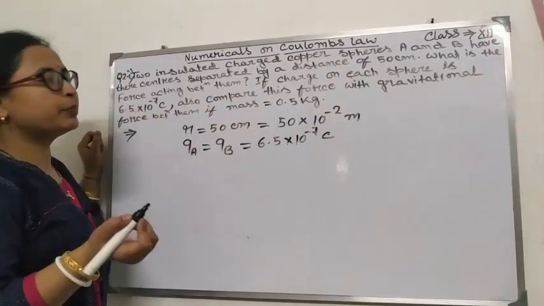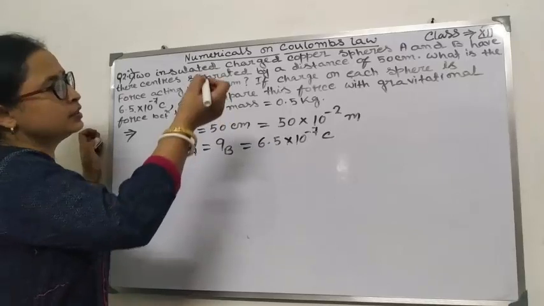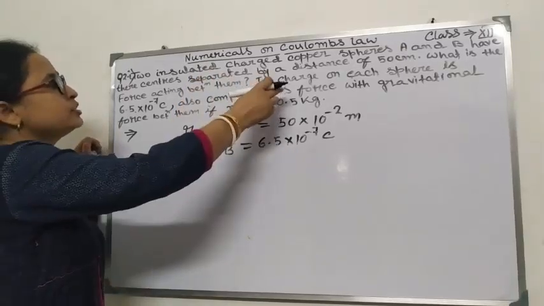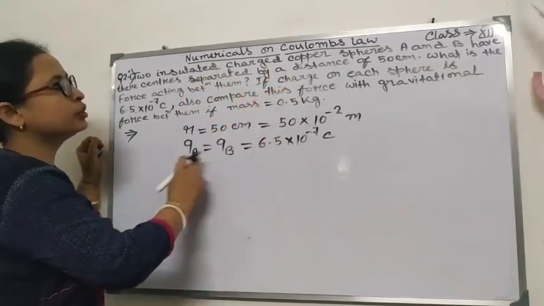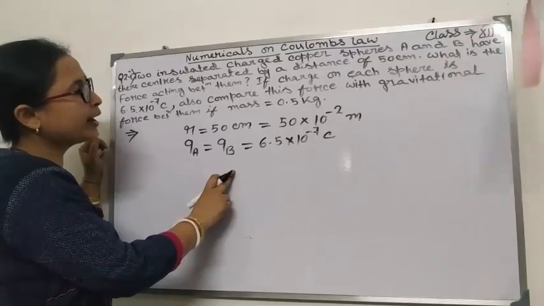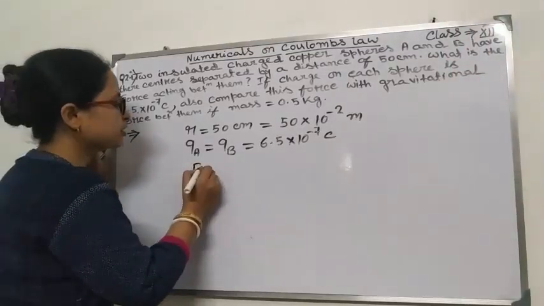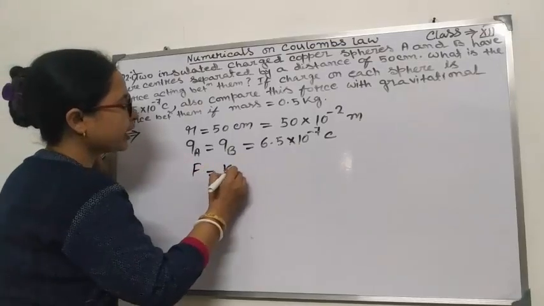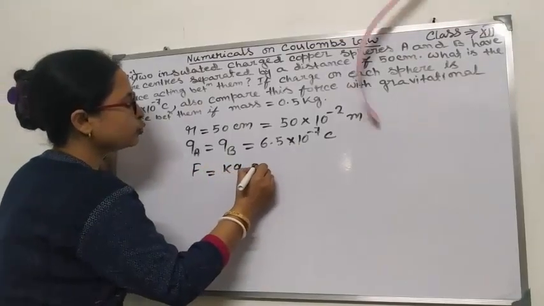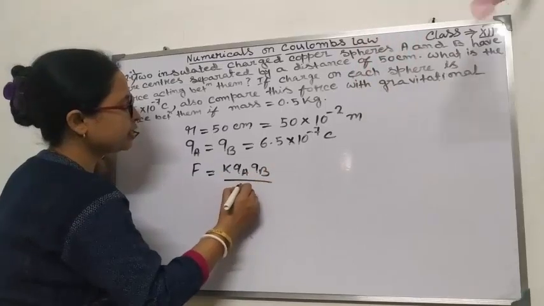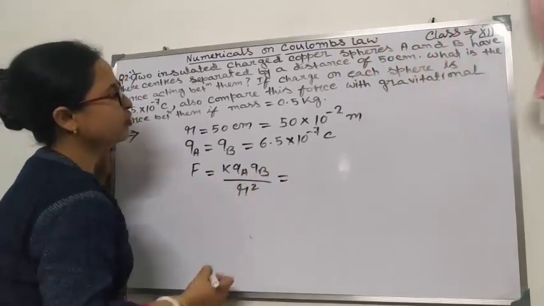Clear? Now simple, you have to find the force. That means you have to find the force acting between these two charged spheres, and you have to compare this electric force with gravitational force. Simple, just apply Coulomb's law. K QA into QB divided by R square. What is the value of K?